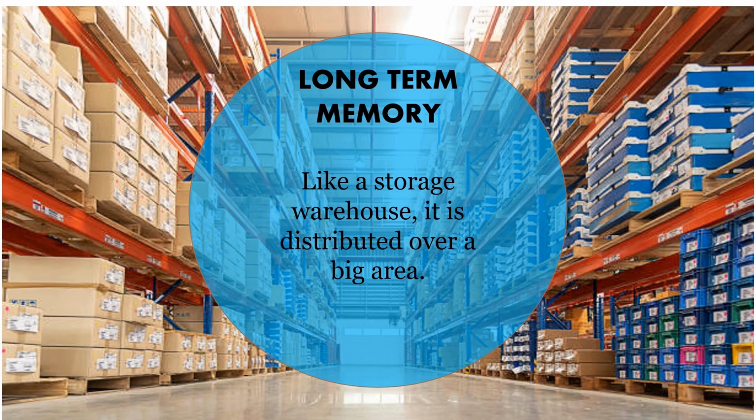The next type of memory is the long-term memory. Our long-term memory is like a storage warehouse. It is distributed over a big area. You can see the background picture there. That is a warehouse. It covers a wide area, and there are so many things stored inside the warehouse. That is similar to our long-term memory.